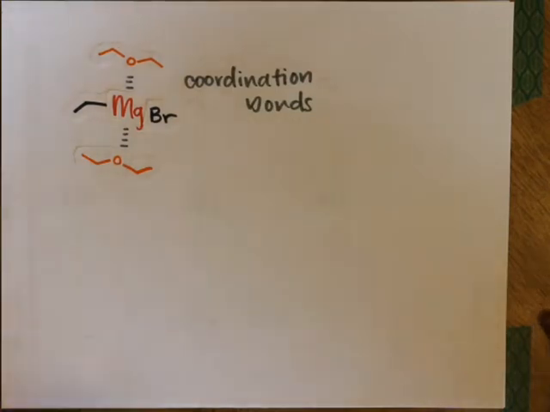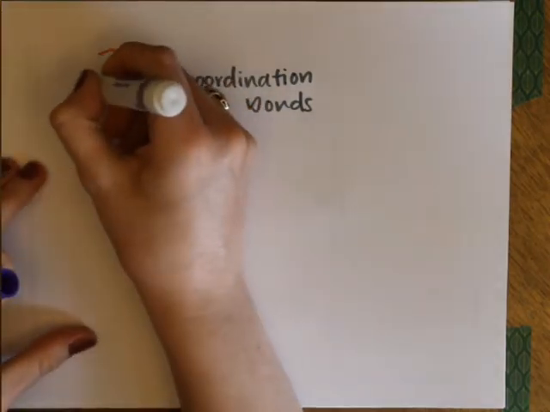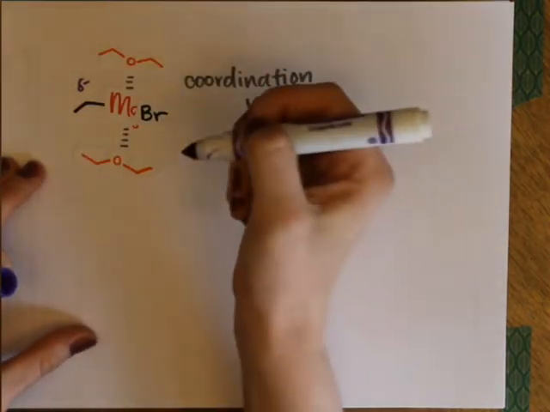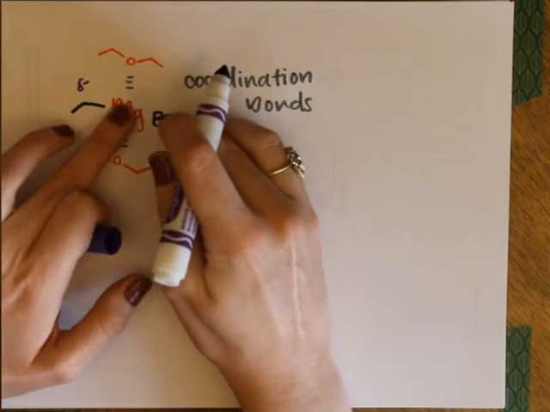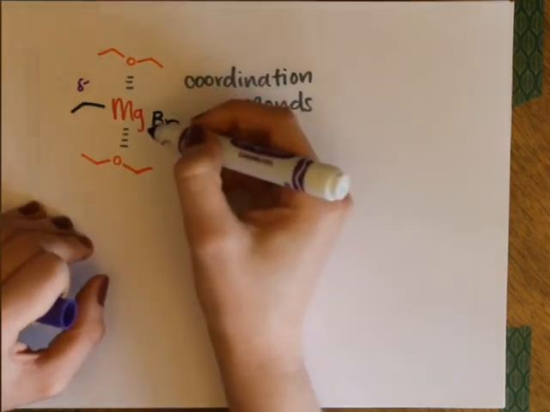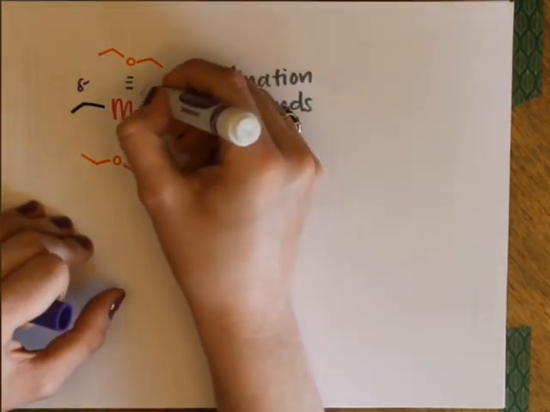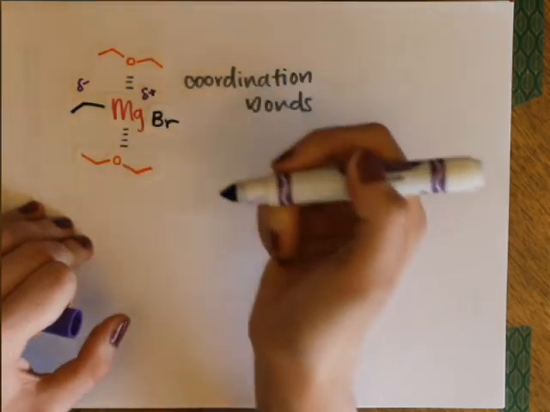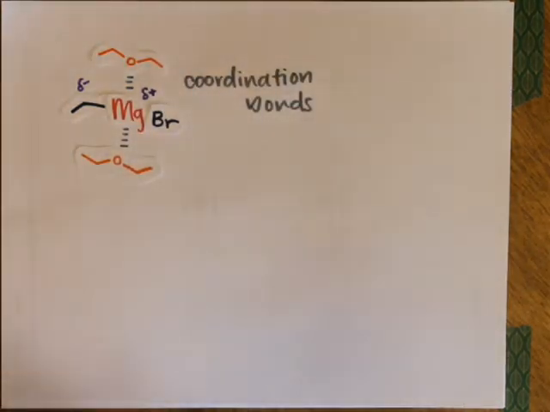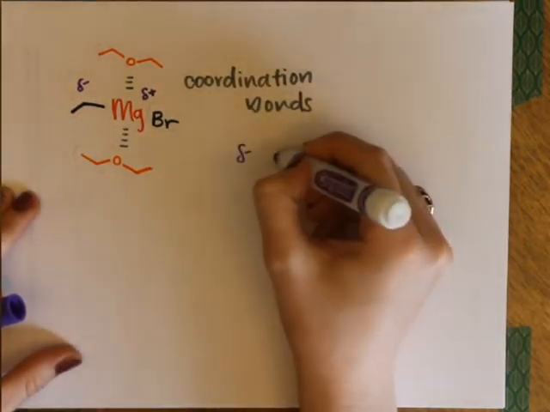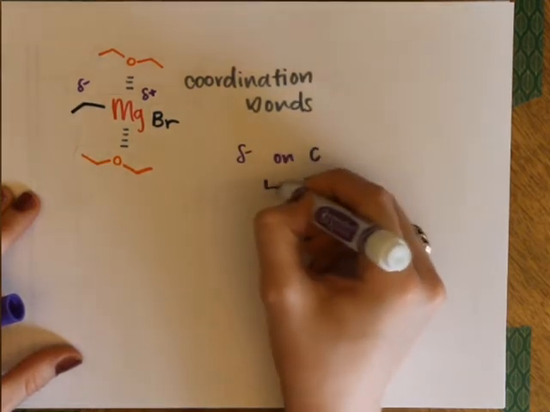And the reason they have to stabilize it so much is this is actually quite unstable, because now I have this partial negative charge on the carbon, which is pretty new for us, and a partial plus on this magnesium. So the partial negative on the carbon means a couple of things.